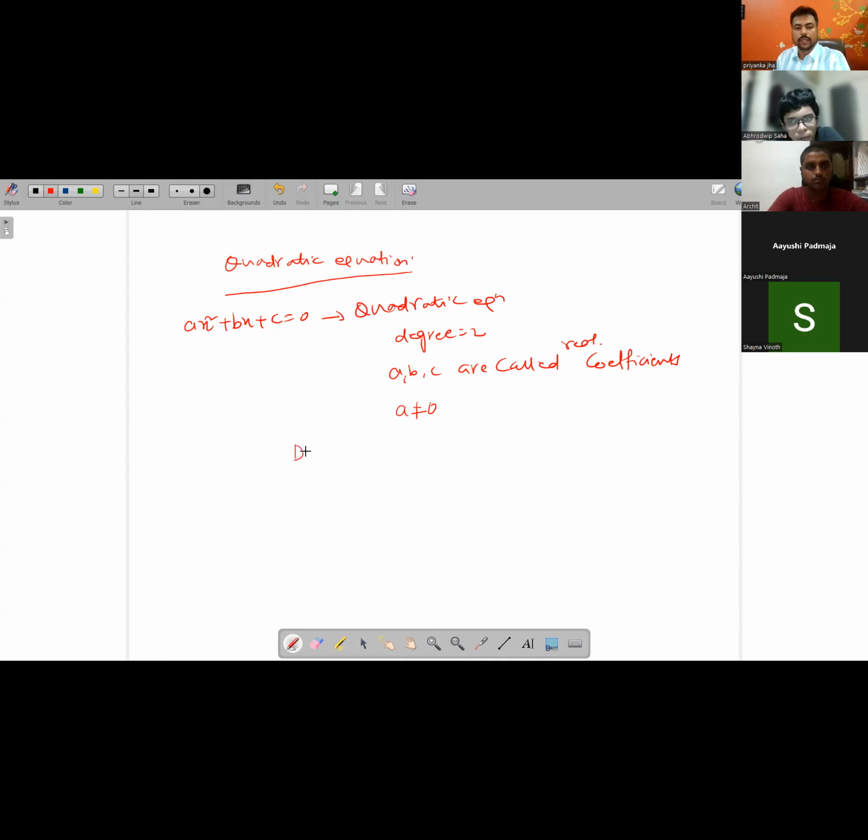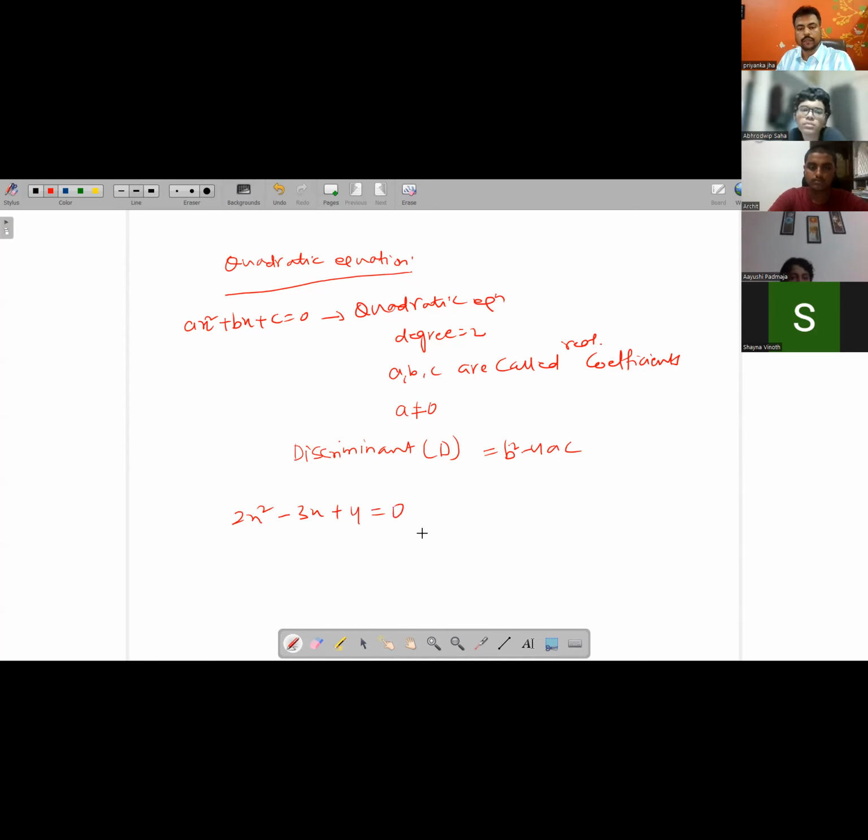And there is a term, discriminant, capital D. This is defined as b square minus 4ac. Suppose I take an example, 2x squared minus 3x plus 4, some random example. To find the discriminant, first compare this equation with ax squared plus bx plus c and find a, the coefficient of x squared, which is 2, then b, the coefficient of x.